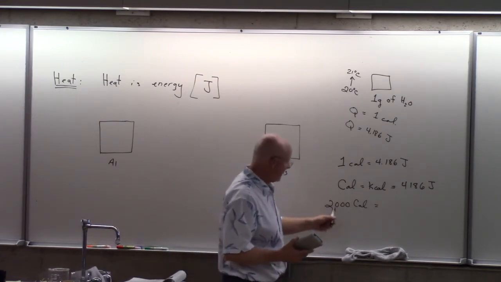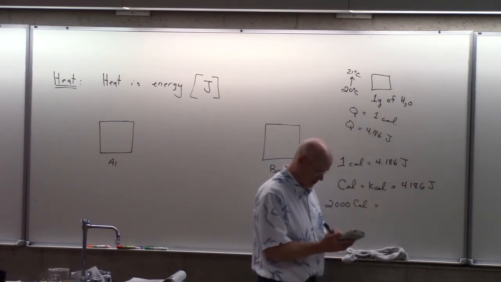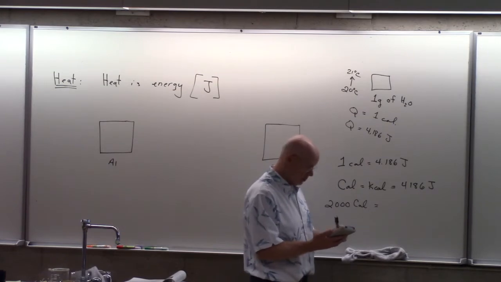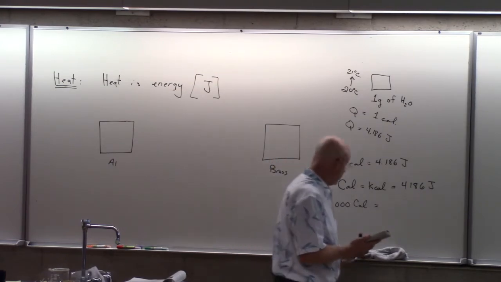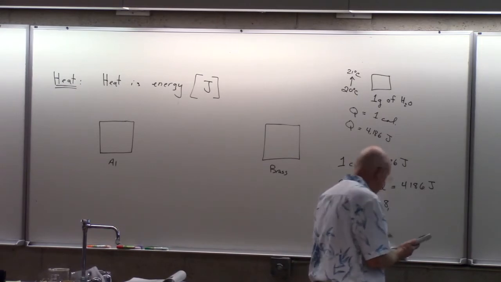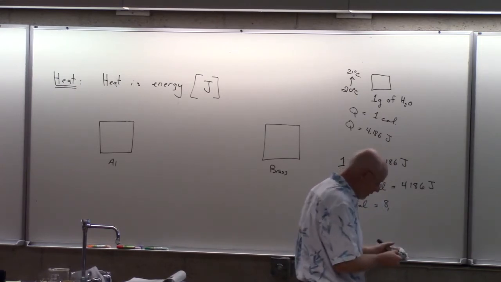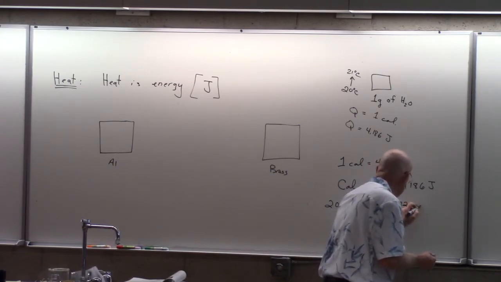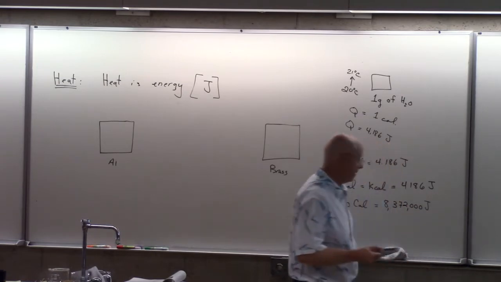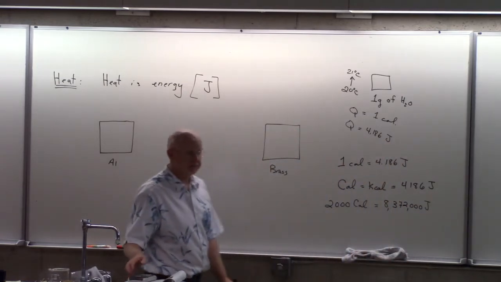So I'll multiply this side by 2,000, and I'll multiply the other side by 2,000. And so I think we're looking at 8,372,000 joules of energy.